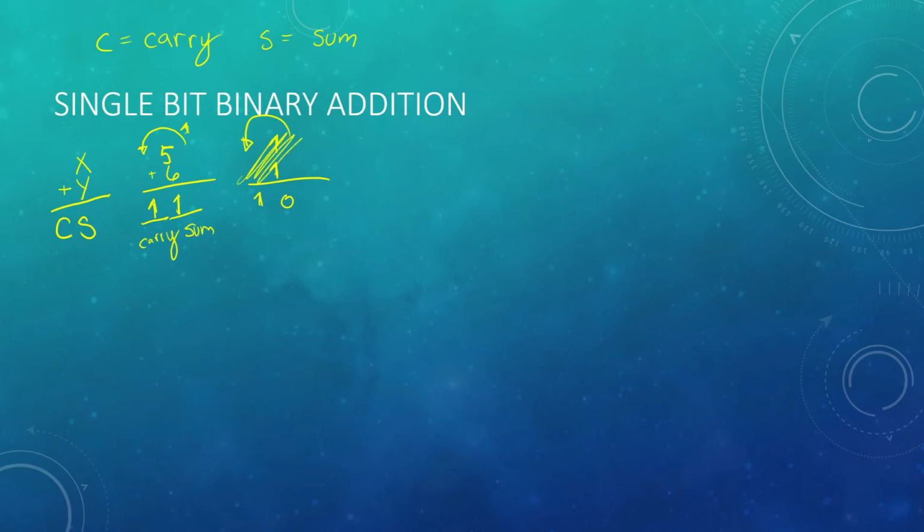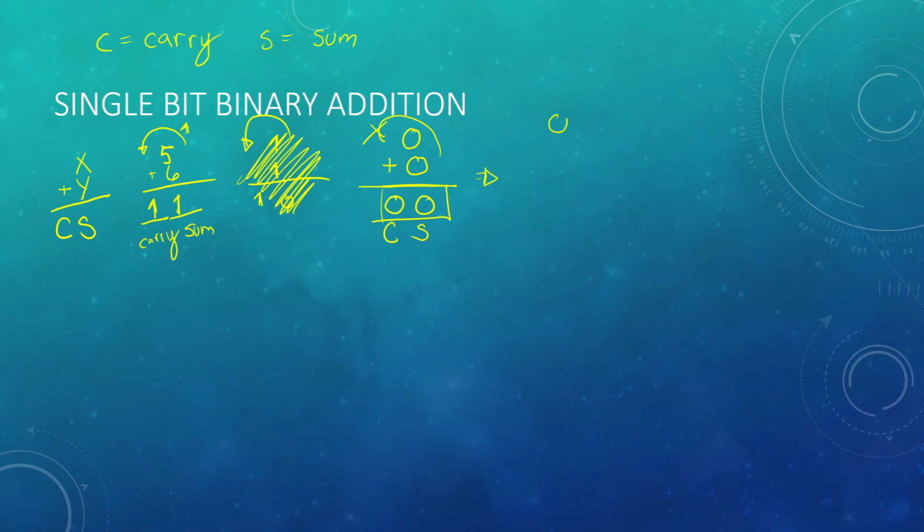So let's just start from the beginning. Let's add a single bit. 0 plus 0 is 0, which is the sum, and 0, which is the carry. We're not carrying anything over, and our sum of 0 and 0 is 0. Let's do another one.